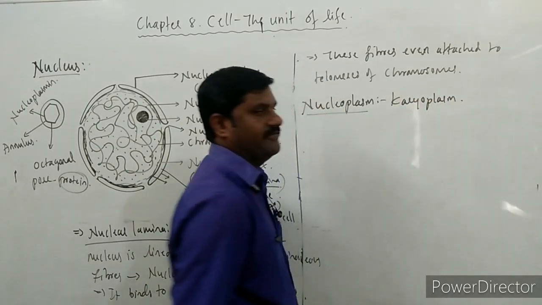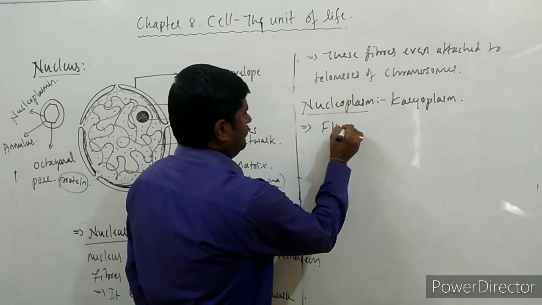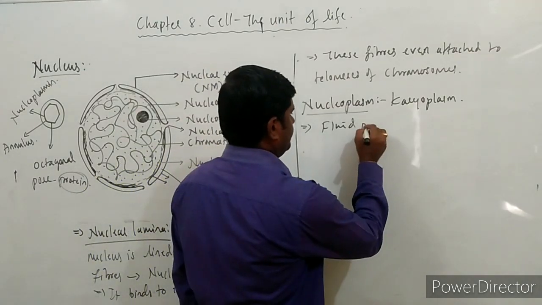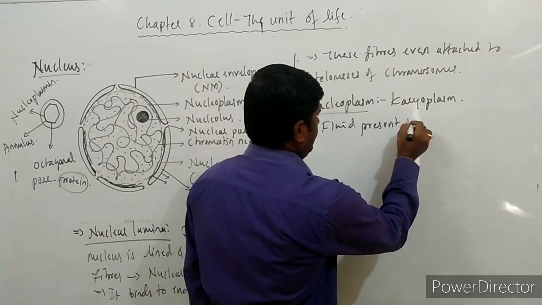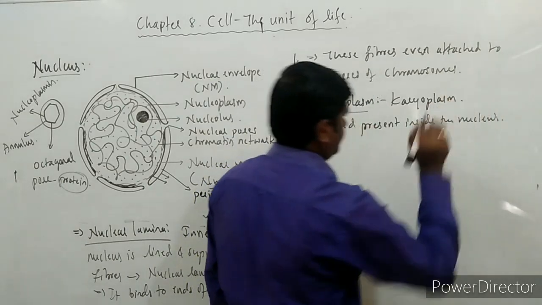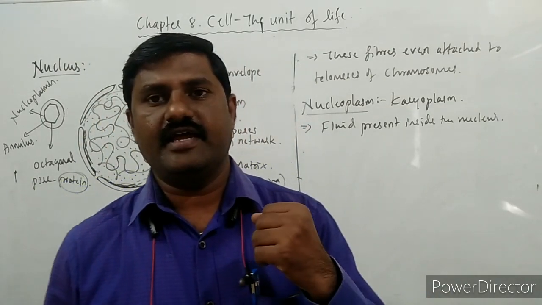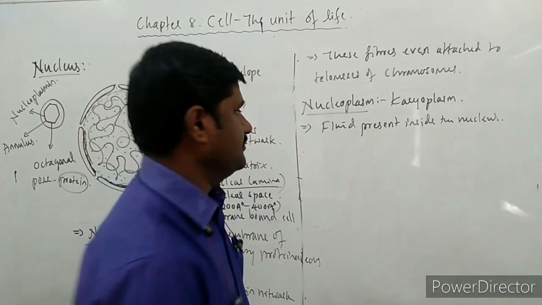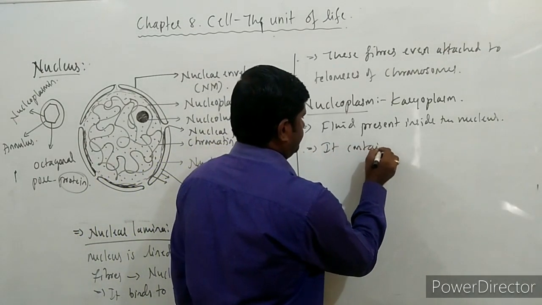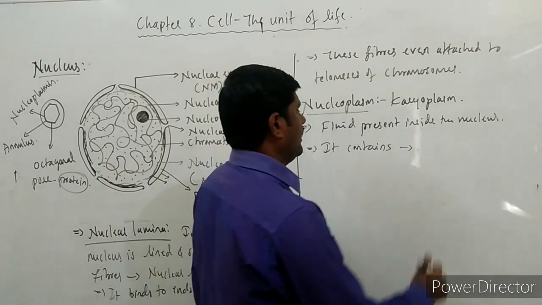Karyoplasm or karyolymph, it is also called. It is a semi-fluid, present inside the nucleus itself, right? And it contains many ingredients.